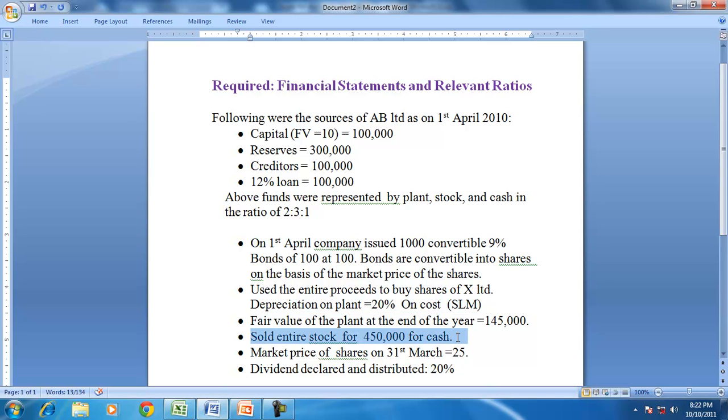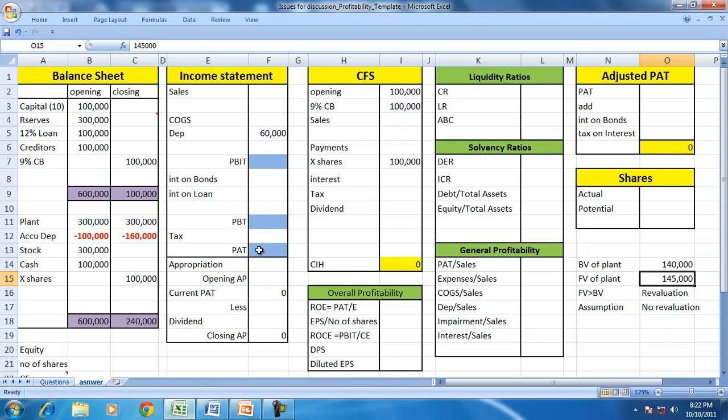Then sold the entire stock for 450,000. So the entire stock sold for COGS and sold for 450,000, and that is for cash, and the stock is no more there because the entire stock is sold.